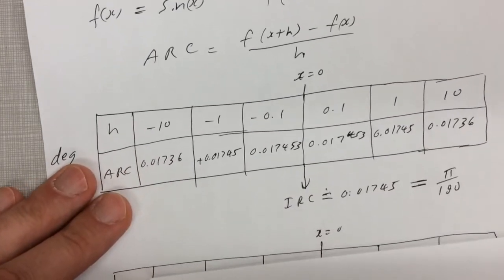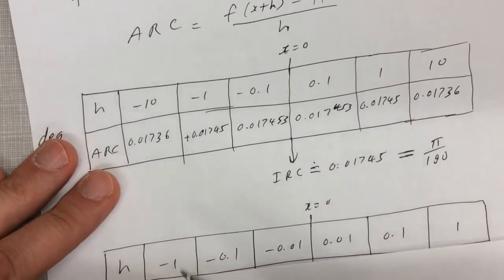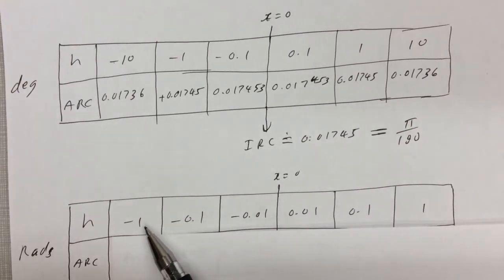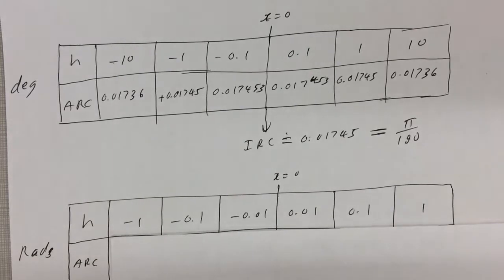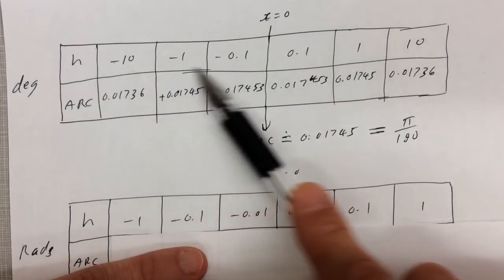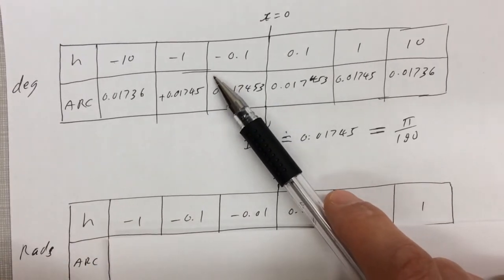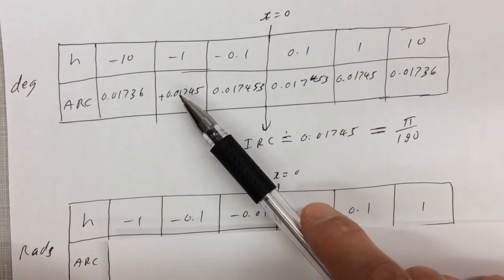If you work in radians, well, we're going to use a different scale here. Instead of going negative 10, we're going to go negative 1. Because negative 10 radians is really far back with respect to one full cycle. Negative 10 degrees is a very small part of the sine curve, especially when one cycle takes 360 degrees.